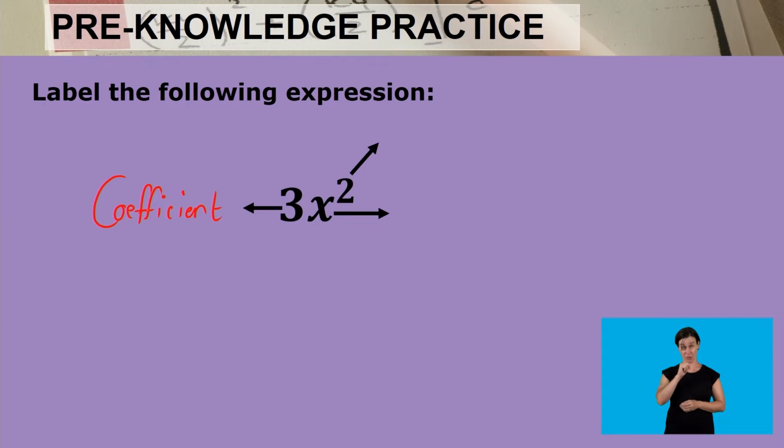So if you said that 3 is a coefficient, then you are absolutely correct. What about that 2? Yes, that 2 is our exponent. And what about the x? Well, yes, that x is the variable and it is also the base of our power. So that is what we have there.